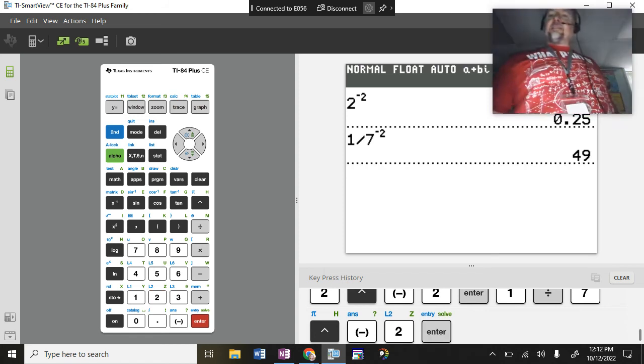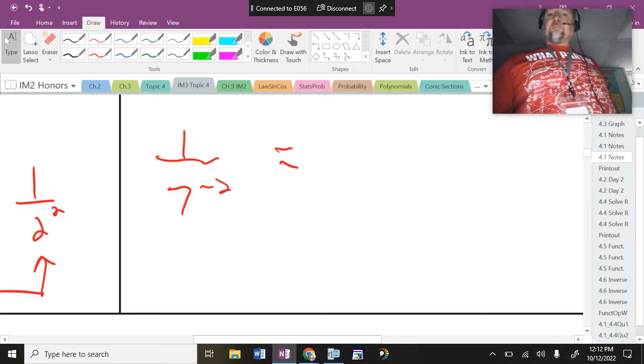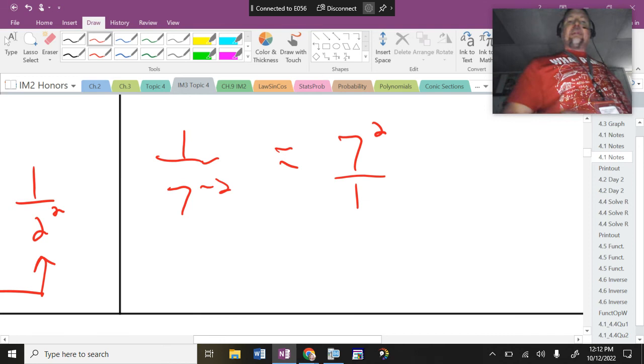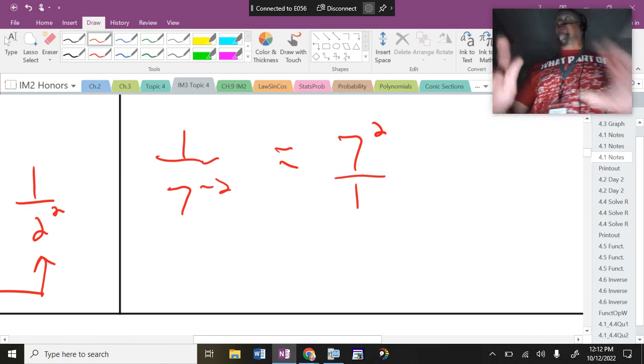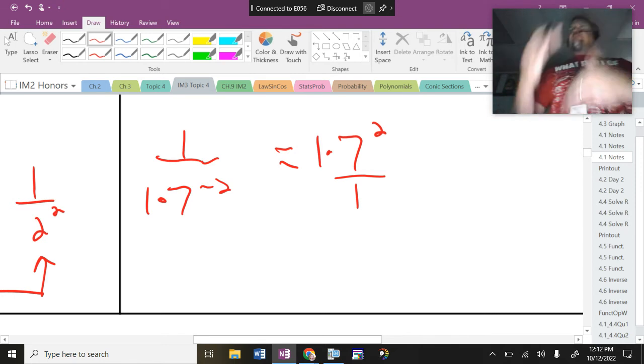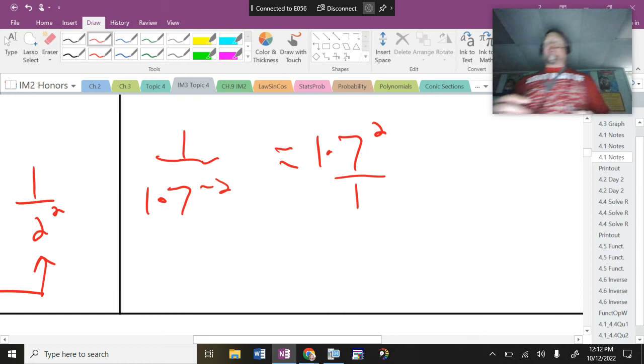So, yes, this is what occurs. This becomes 7 to the positive second power up in the numerator. The only reason it's not like you flip the 1. Don't think that. You don't flip the whole fraction. There's a 1 over here and there's a 1 over here. So these 1s stay. I don't want you to think you flip everything. All right, that's where this is going to get crazy.